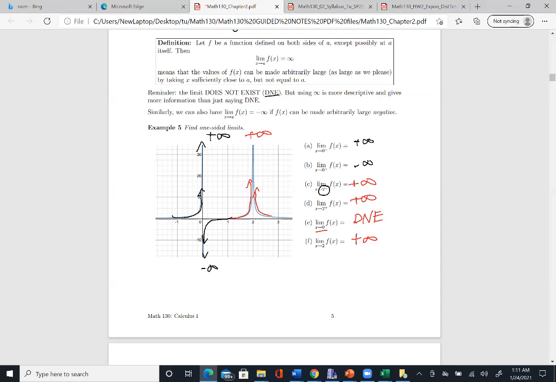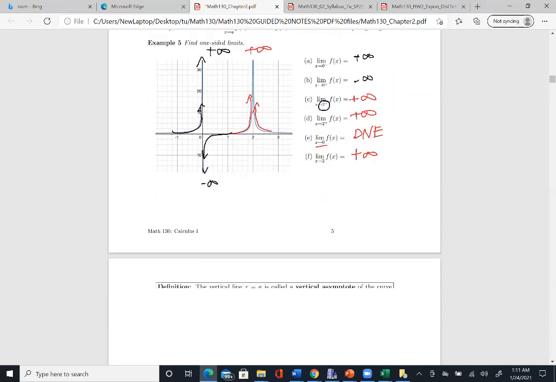So instead of saying DNE, we should actually say positive infinity. So you have more descriptive information than DNE in this case.